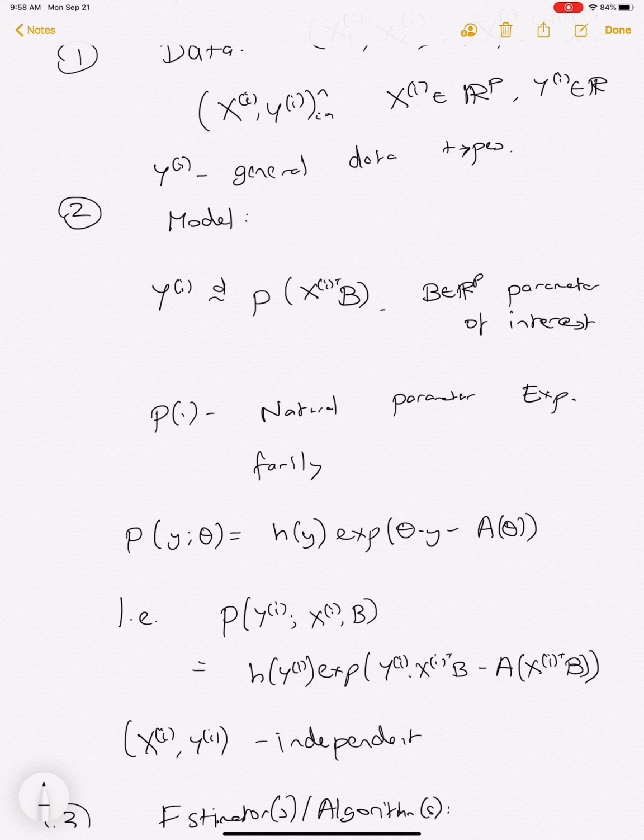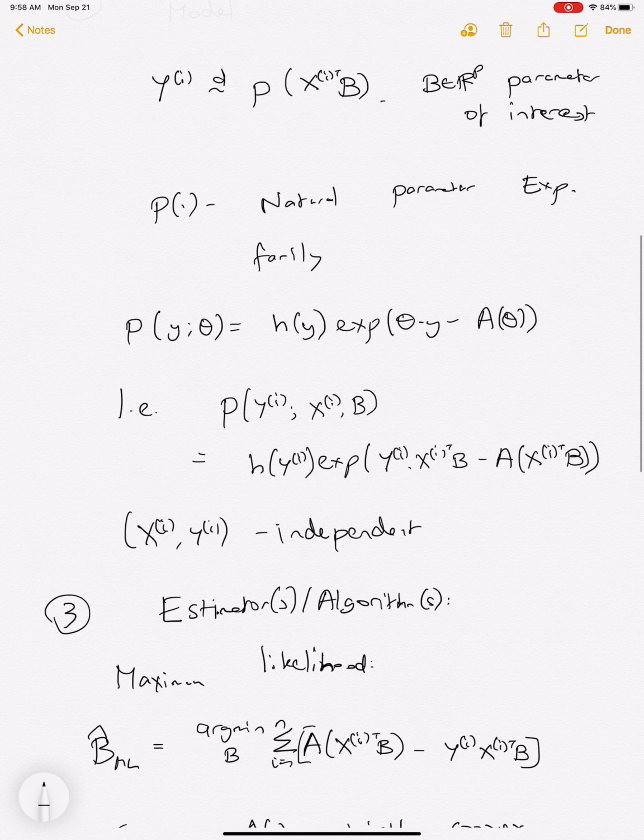It means that y^i has a distribution p, and it's related to the covariates through x^i transpose beta. So beta are the parameters of interest, a p-dimensional vector that represents the linear coefficients, and p follows a natural parameter exponential family, which has been the main focus of the last couple of lectures.